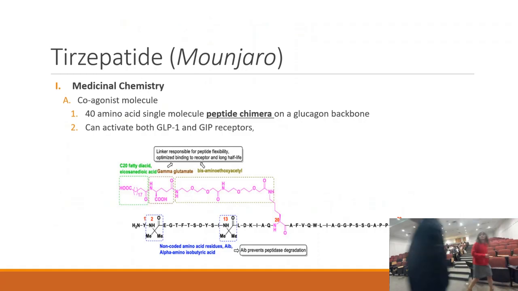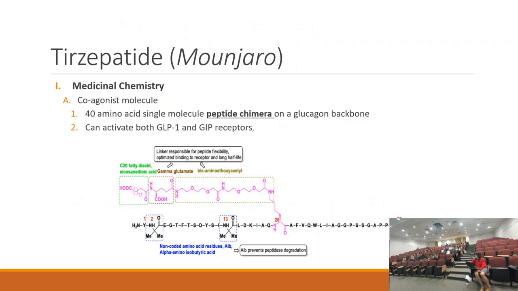All right. So again, as Dr. Full pointed out, this is essentially a GLP-1 drug. I like to think of it as a GLP-1 drug on steroids, right? So it's got the same type of effects as your traditional GLP-1 drugs, but those effects tend to be more enhanced because of the chemical structure. So this particular compound is a peptide chimera.